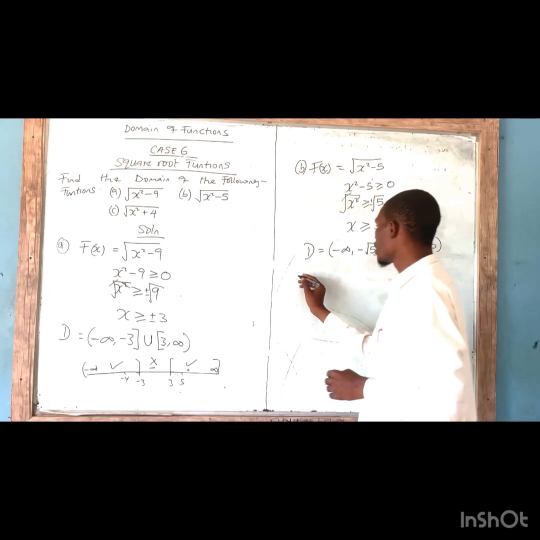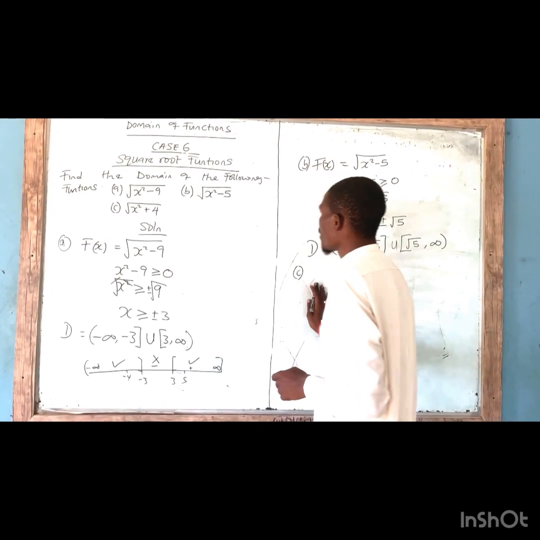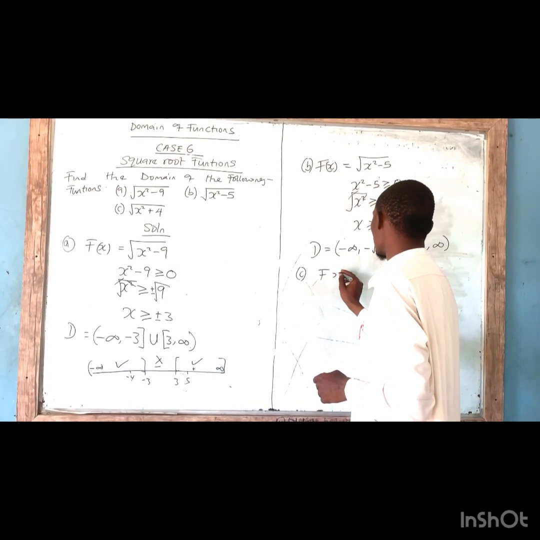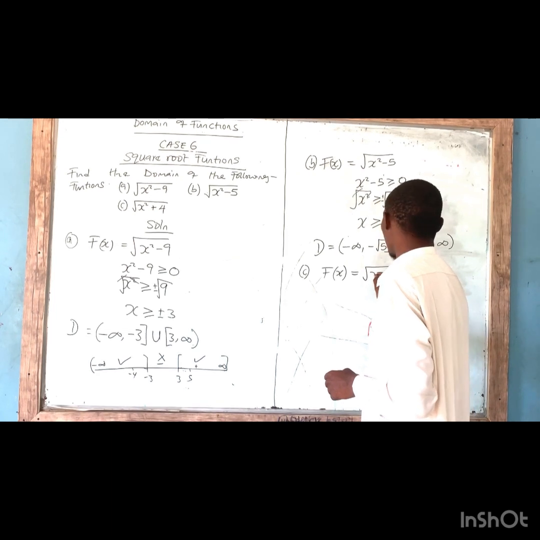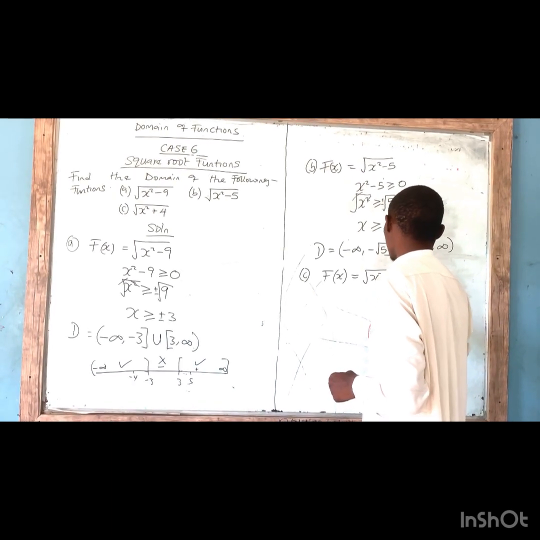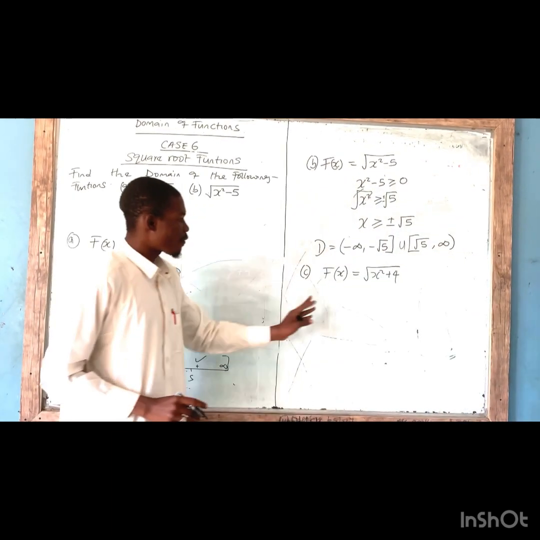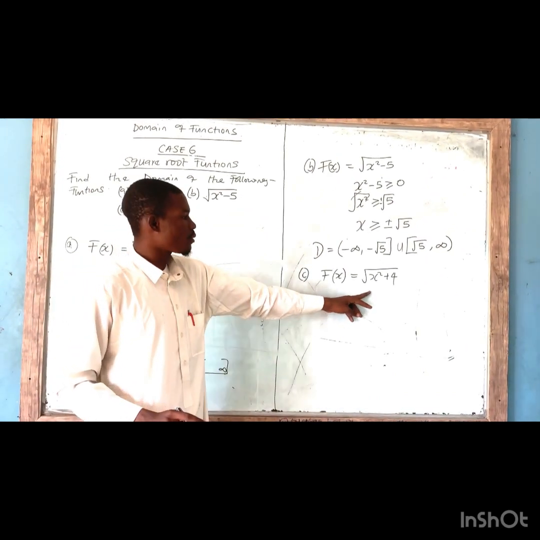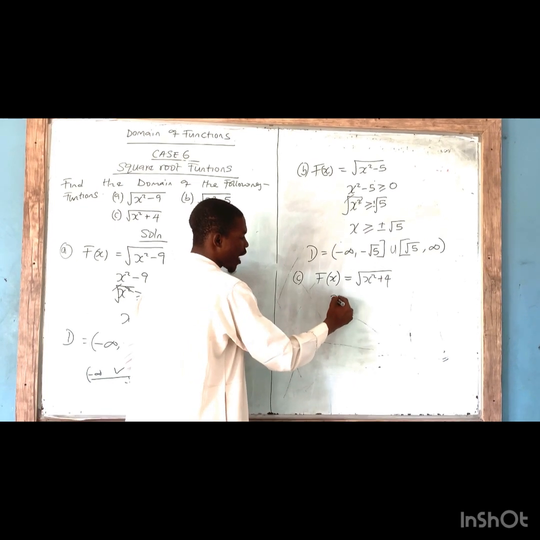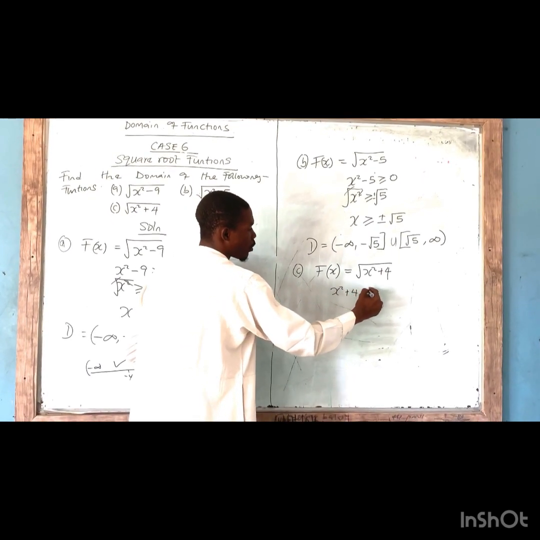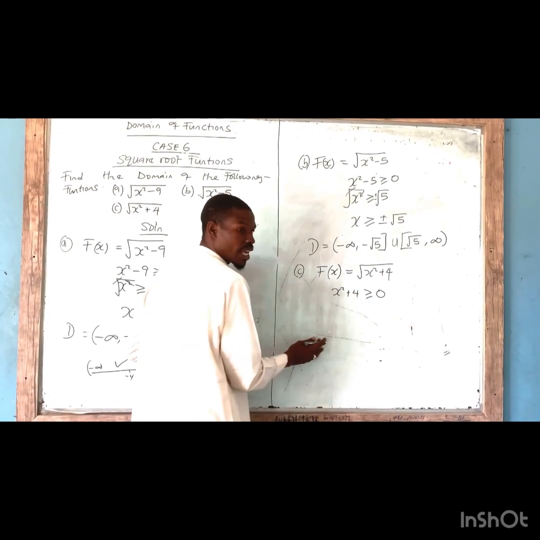Now, lastly we have C. C says f of x is equal to square root of x squared plus 4. So what is our business? What is inside the square root? We say x squared plus 4 must be greater than or equal to 0.